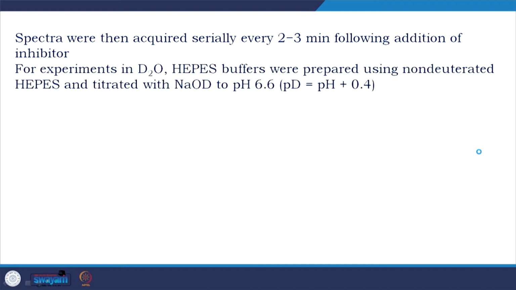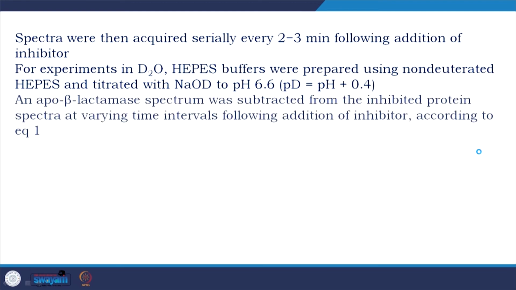For the experiment in D2O, HEPES buffer was prepared using non-deuterated HEPES and titrated with NaOD to pH 6.6. An apo-beta-lactamase spectrum was subtracted from the inhibited protein spectra at varying time intervals following addition of inhibitor.